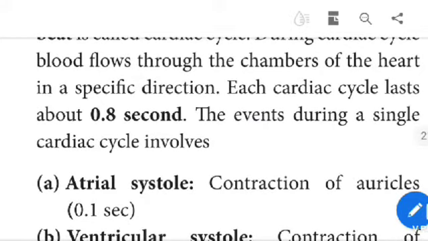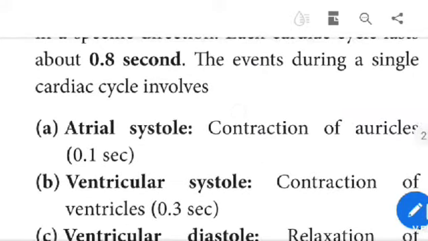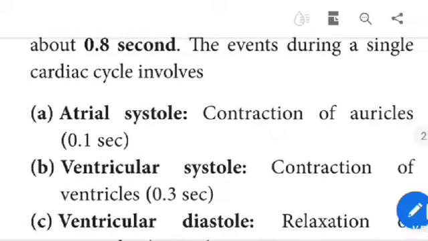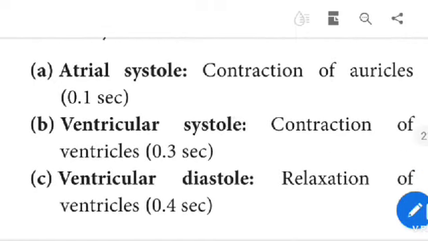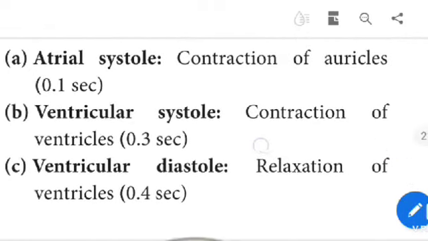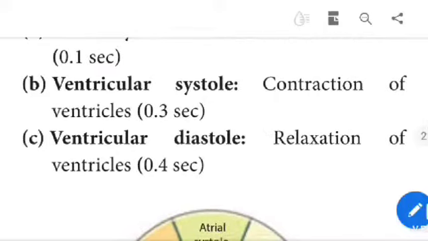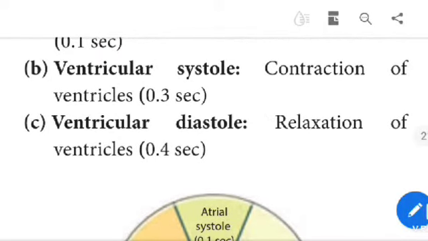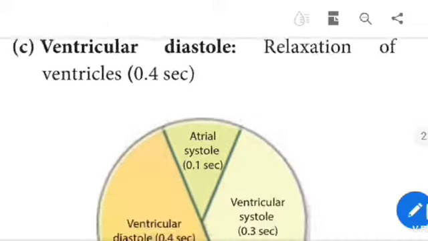The events during a single cardiac cycle involve atrial systole, contraction of the atria, 0.1 second; ventricular systole, contraction of the ventricles, 0.3 second; ventricular diastole, relaxation of the ventricles, 0.4 second.